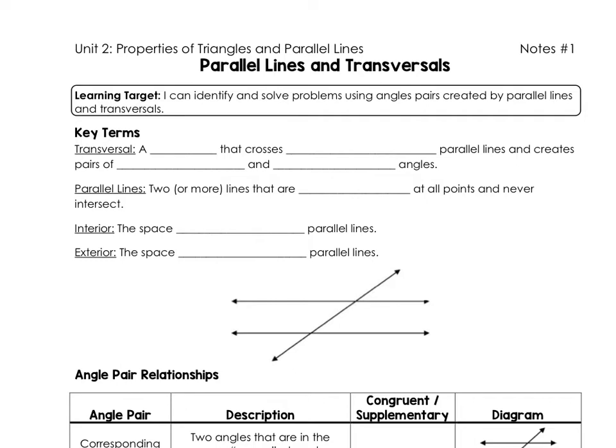A transversal is a line that crosses two or more parallel lines and creates pairs of congruent and supplementary angles.